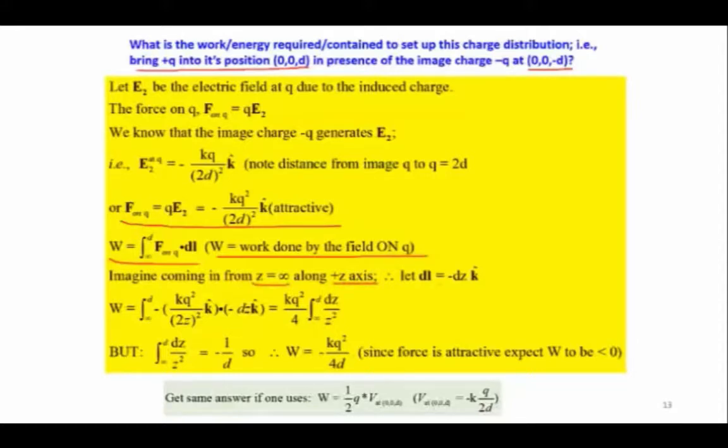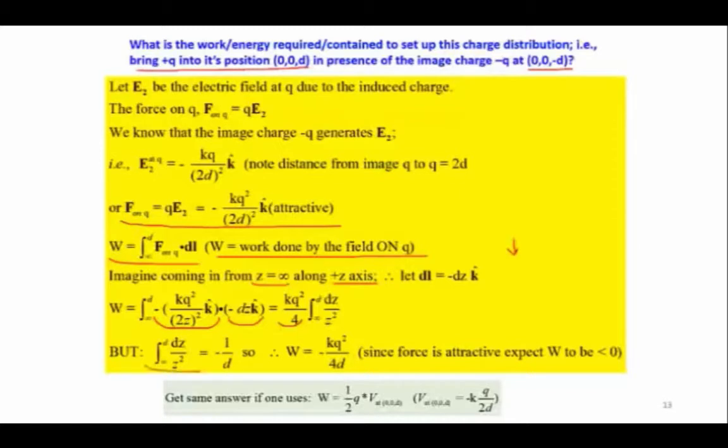We'll let dl be negative dz times the z unit vector, to give us motion downward from infinity. Putting that into the integral, we have the force, that's right here, dotted into dl, which is here. Both are in the k direction, so that gives us a 1. We have two minus signs, so we get plus. If we pull out everything but the z dependence, we'll have kq squared over 4 times this integral right here, and that's from infinity to d.